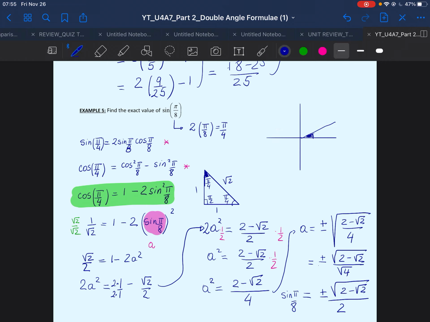We know exactly where the angle is located. Then we're going to say that our final answer would be sine pi over 8 equals the positive value of 2 minus root 2 divided by 2. So this would be our final answer.